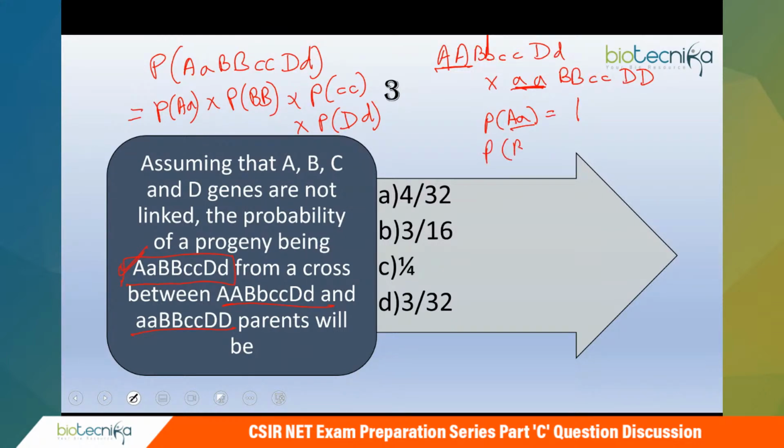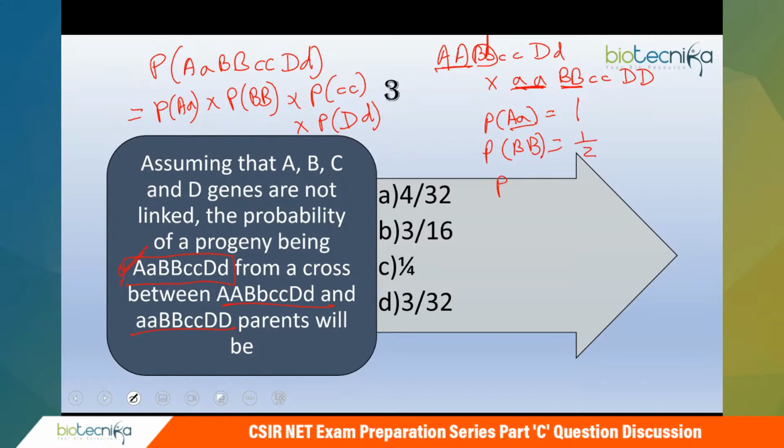Similarly for B, we want capital B small b. The cross is between capital B small b and capital B capital B. In this scenario, the probability of capital B small b will be half, right? Half of the population will be homozygous dominant, the other half will be heterozygote. Yes, Kavya, excellent, you are correct.